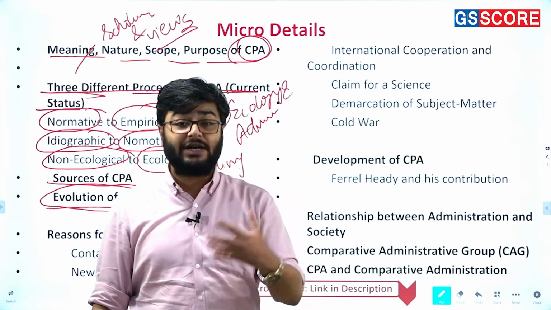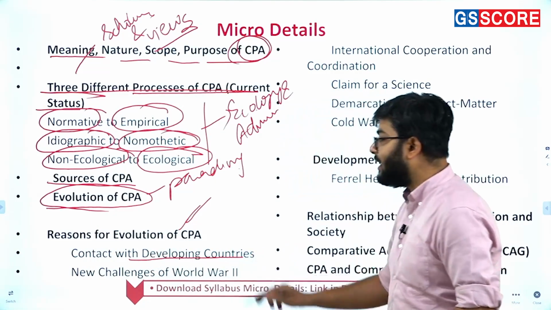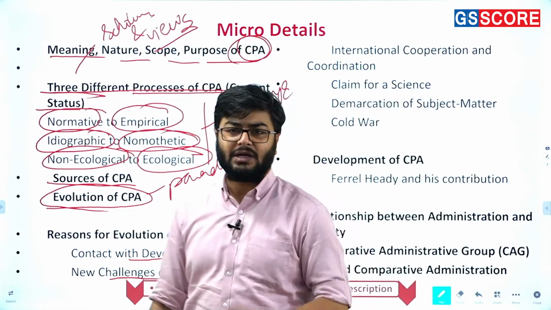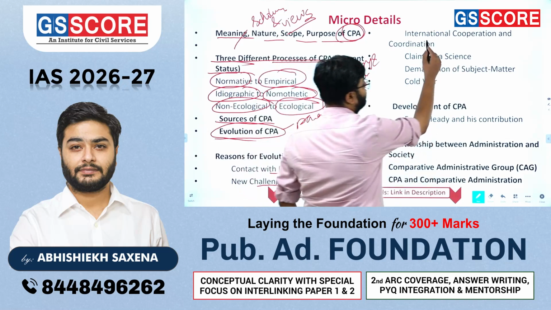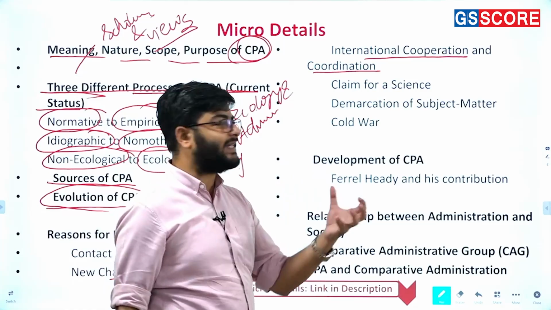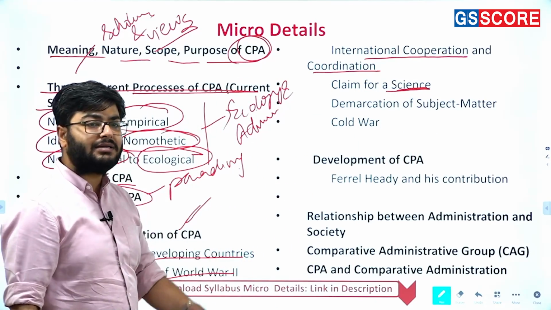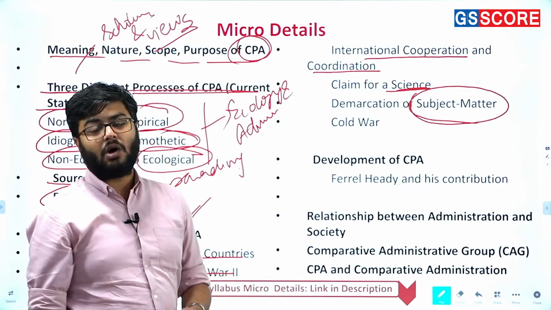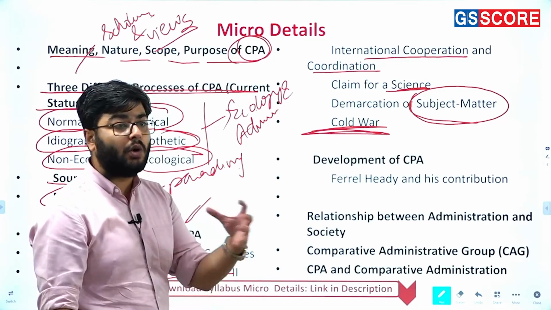Though there are a multitude of reasons, the broad heads that you need to explore are the developing countries angle, the new challenges after World War II that led to the coming up of CPA, the coming up of international cooperation, coordination, and the constant quest for a science, and the discussions around what constitutes the subject matter of the CPA and how it progressed during the Cold War.